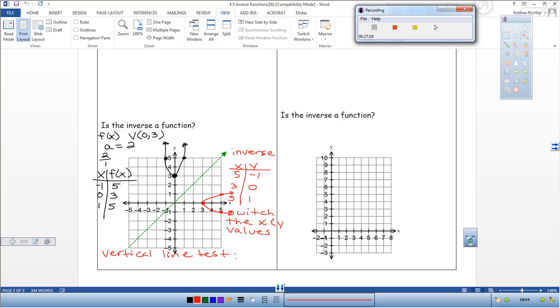Since my line crosses in more than one spot, this is not a function.